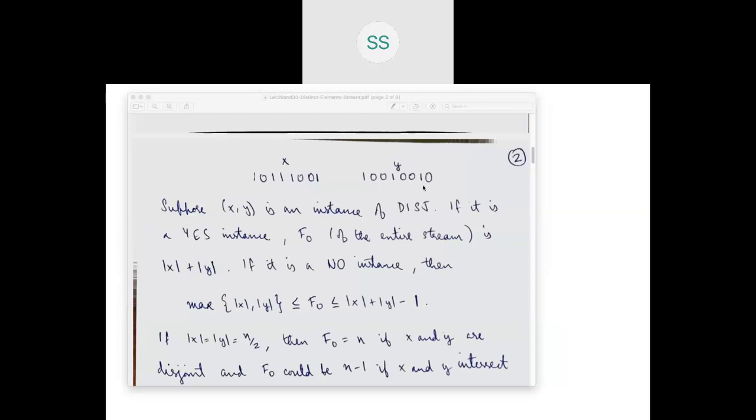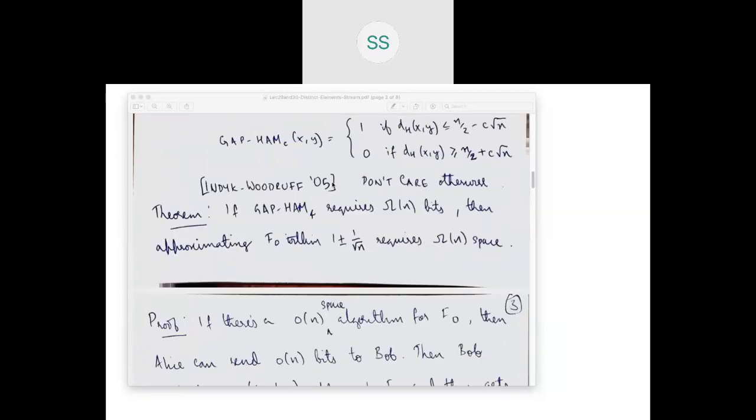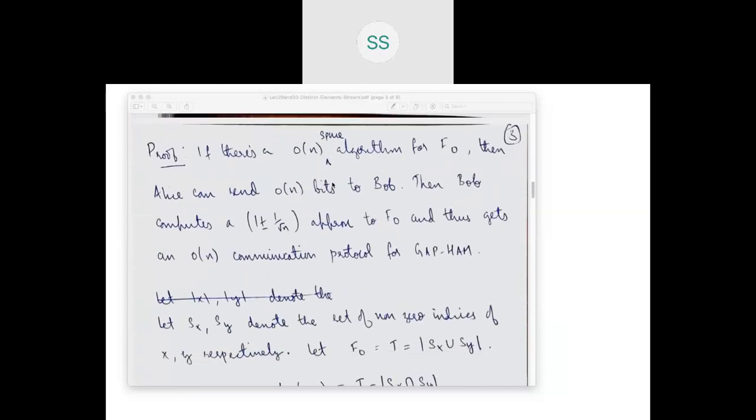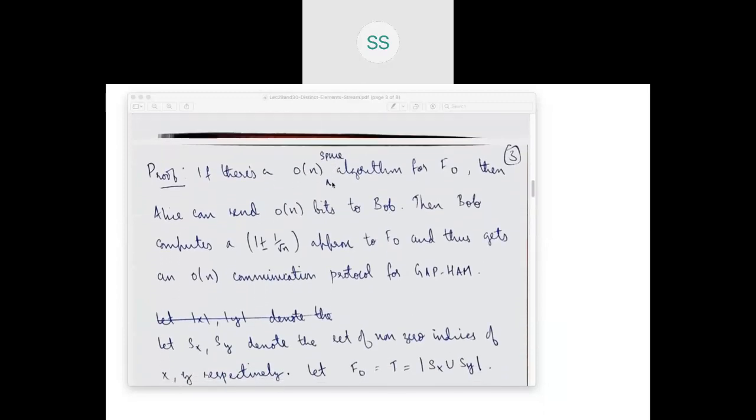Now, if we can find an estimate for the f0 for this entire thing, then we want to say that we will be able to get a meaningful estimate of the gap Hamming problem. Right? So that's the goal. So how can we get a meaningful estimate? What is the template of the algorithm?